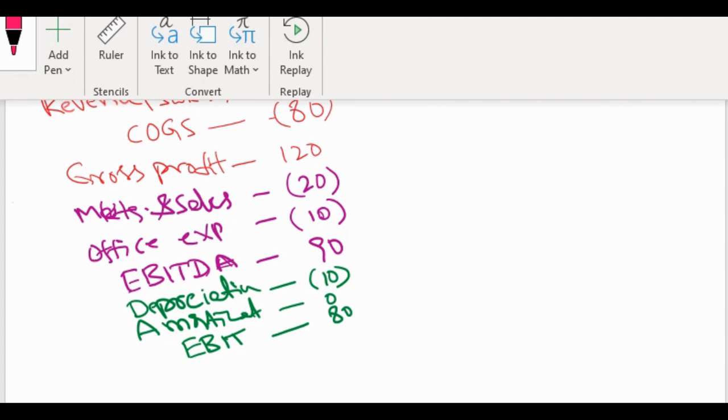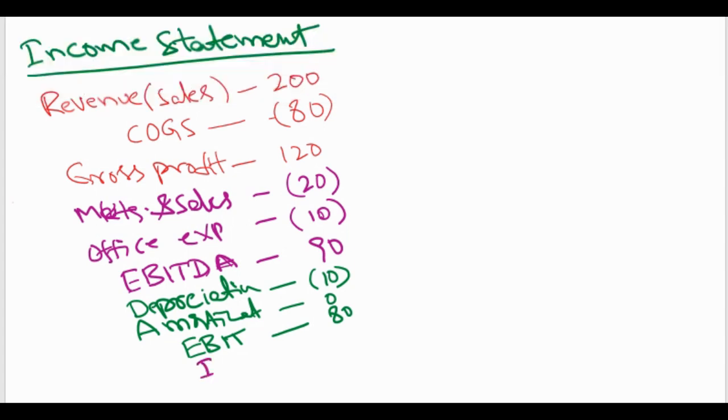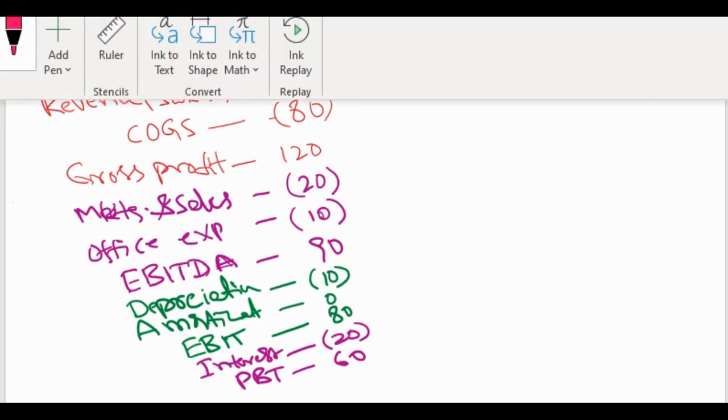So after this, what is left out is interest. So let's reduce interest. Let's take 20 million as interest. So then profit before tax. How much is the profit before tax? This is 60 million. And then what is left out? Tax.